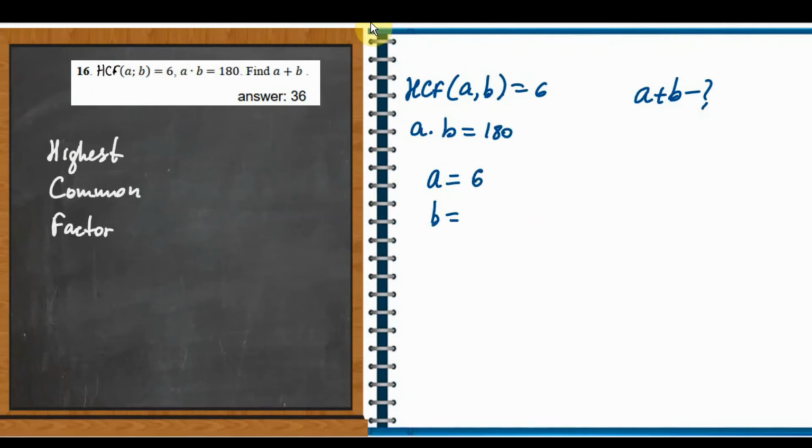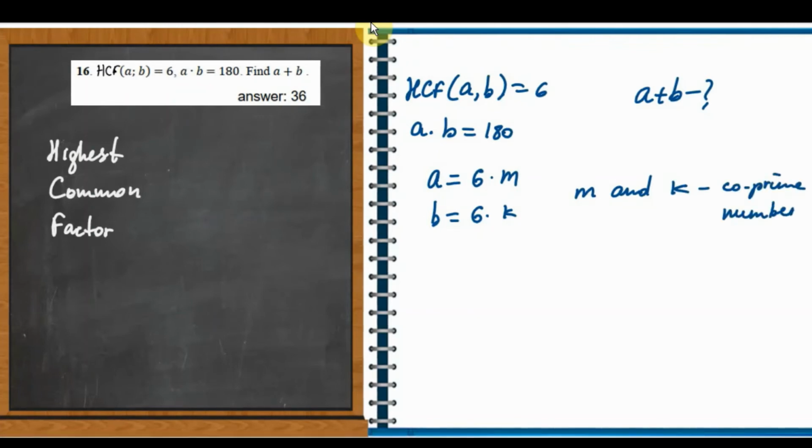so that they will have 6 as a common factor, but nothing more. So in this case, M and K are co-prime numbers. It means M and K don't have any other common factor because A and B's HCF is just 6.